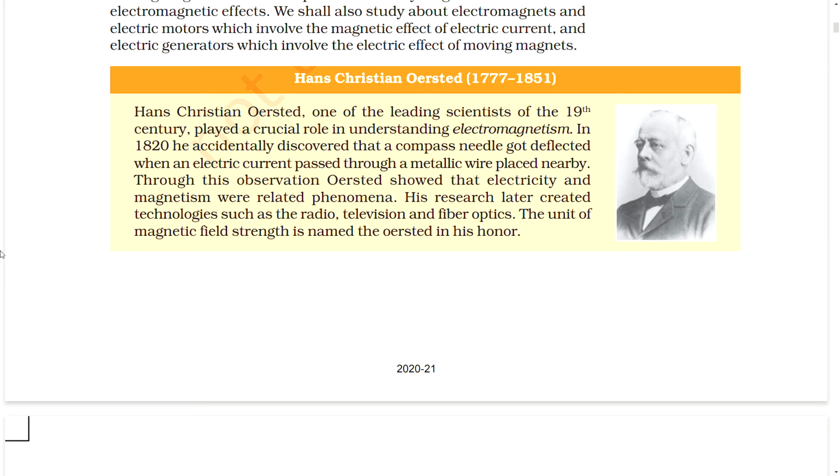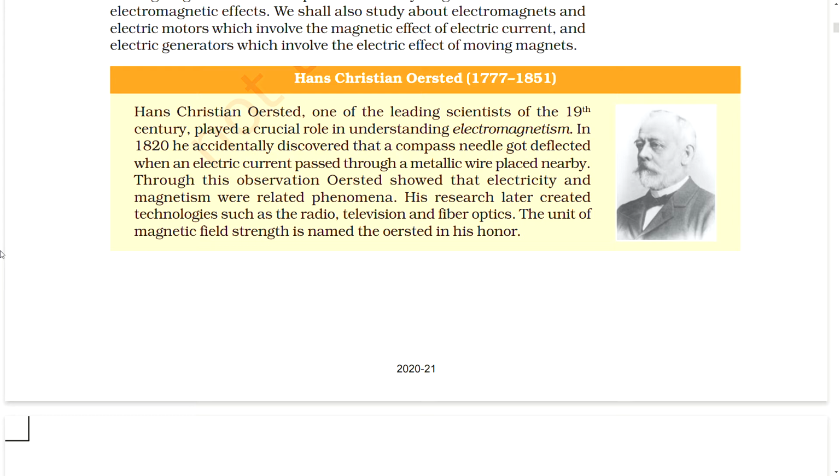Hans Christian Ørsted, 1777 to 1851. Hans Christian Ørsted, one of the leading scientists of the 19th century, played a crucial role in understanding electromagnetism. In 1820, he accidentally discovered that a compass needle got deflected when an electric current passed through a metallic wire placed nearby.